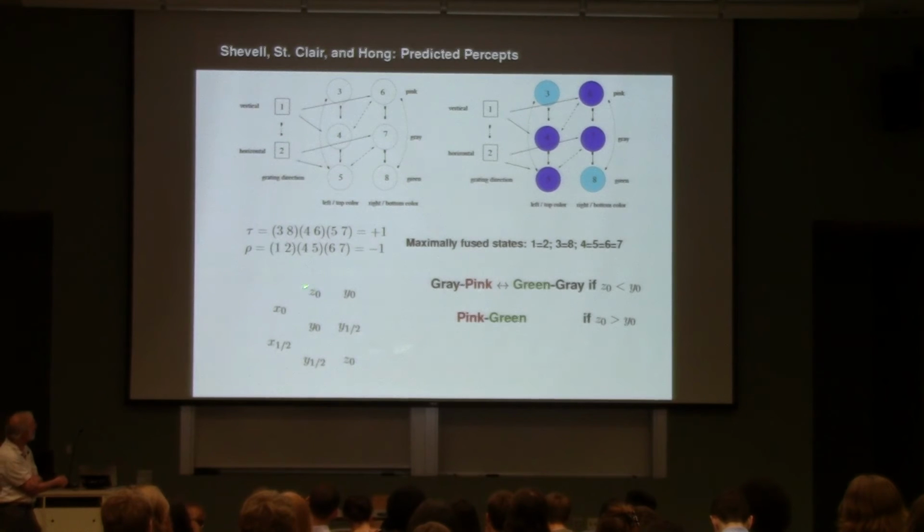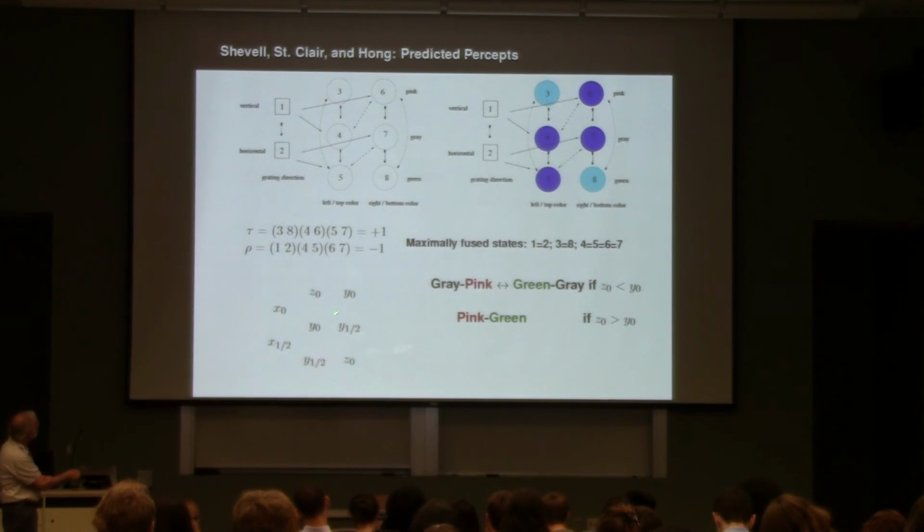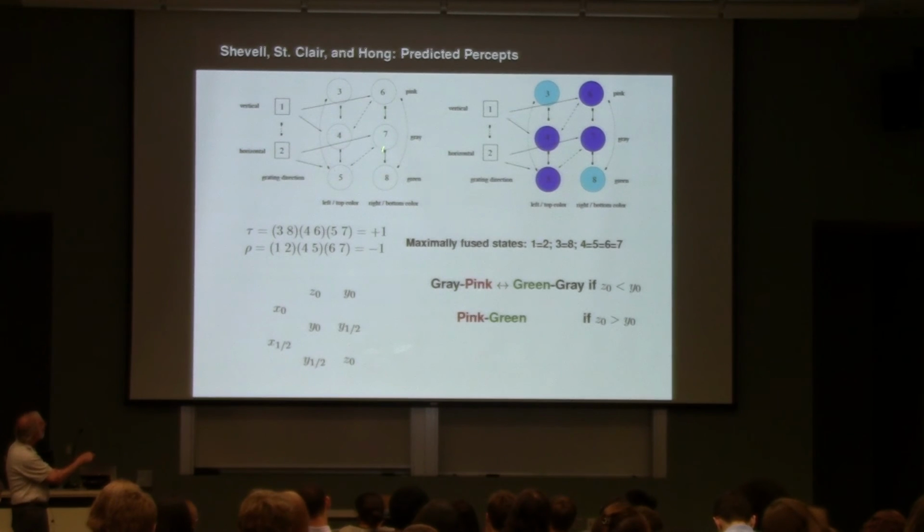And if Z0 is less than Y0, then you're going to end up with 4 and 5 a half period out of phase, and 6 and 7 a half period out of phase.